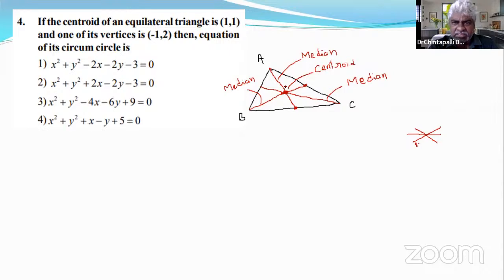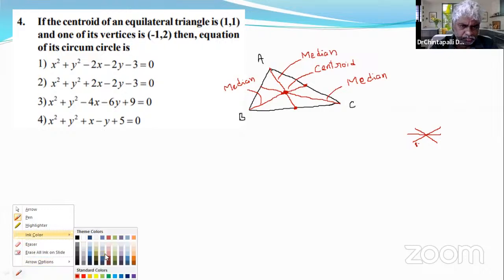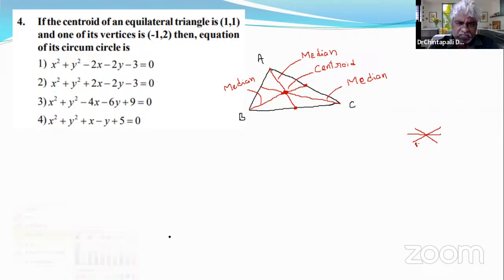And this centroid, see, this is the centroid. Generally, capital G is used to denote the centroid.